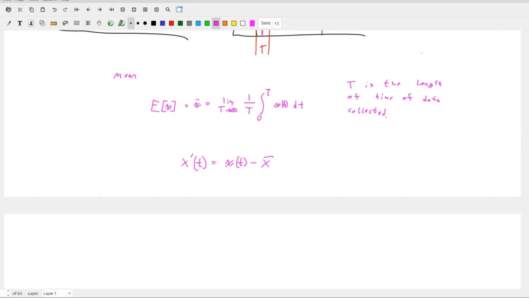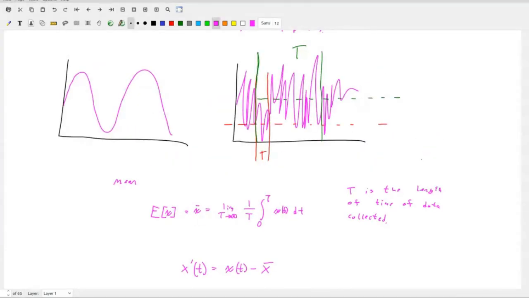A signal may look completely random, but if its mean is changing or its standard deviation is changing, then it's going to be a non-stationary signal. But of course, some of that depends on how long you consider your period for, right? How long do you consider your T? For a relatively short T, there's some argument that could be made that this is a non-stationary signal. But if your T is long enough, this is going to be a stationary signal.